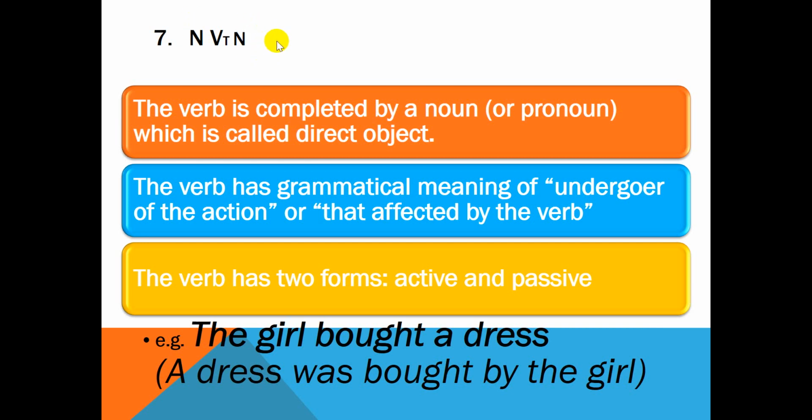To check pattern 7, you can change the sentence from active to passive. For example, the girl bought a dress. We can change it into passive: a dress was bought by the girl. If you can make it like this, then it is pattern 7.